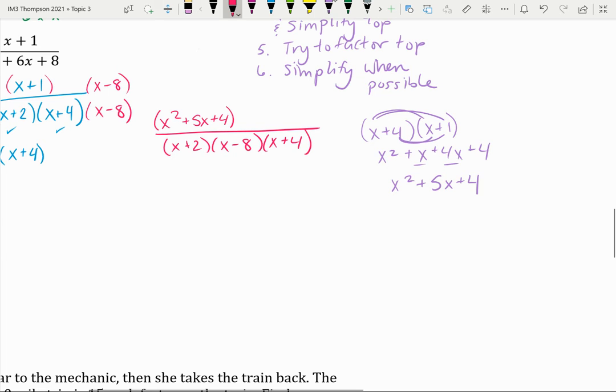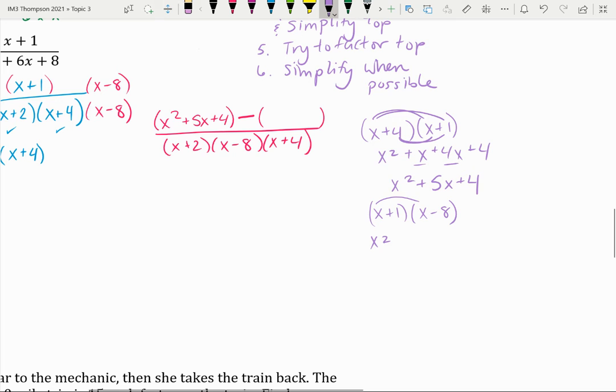Now this problem is subtraction, so I have a subtraction sign, and then I'm going to multiply out the next binomial times binomial. I distribute again.